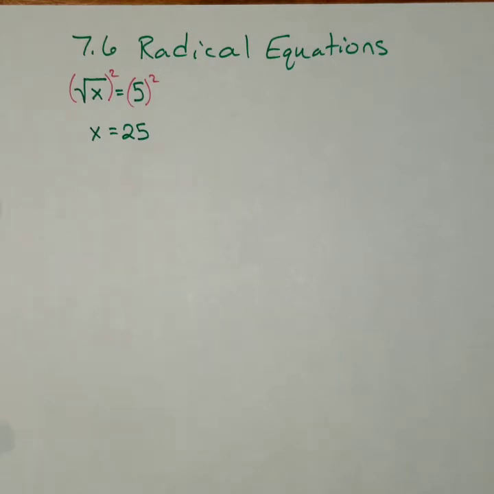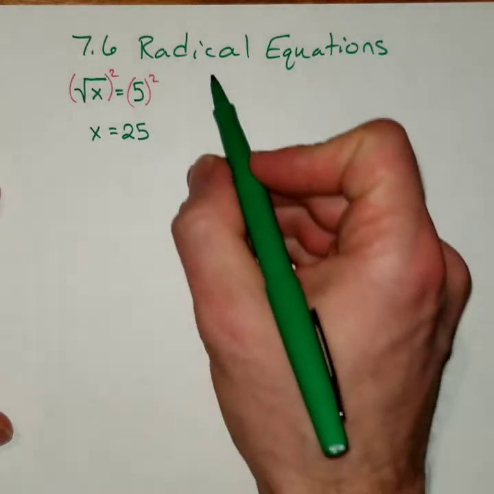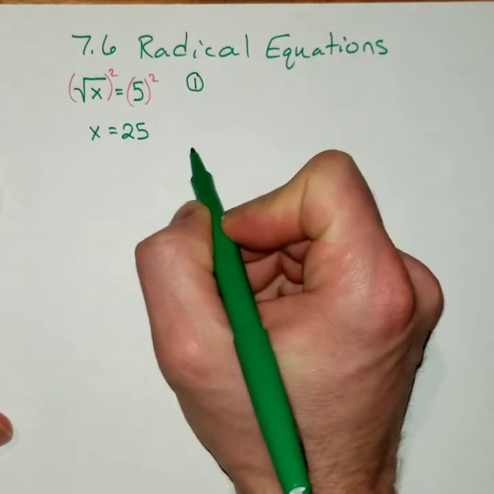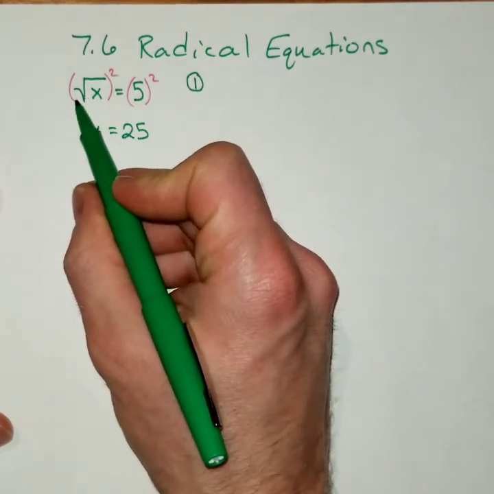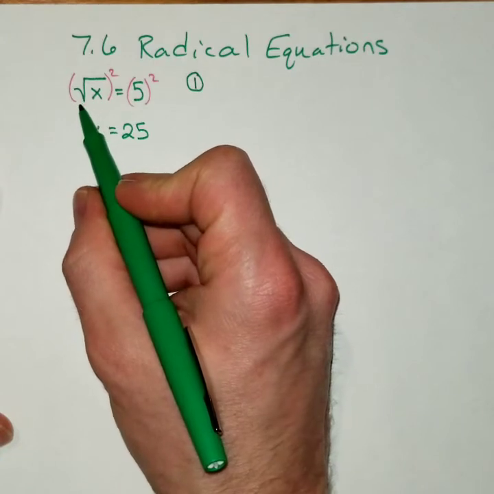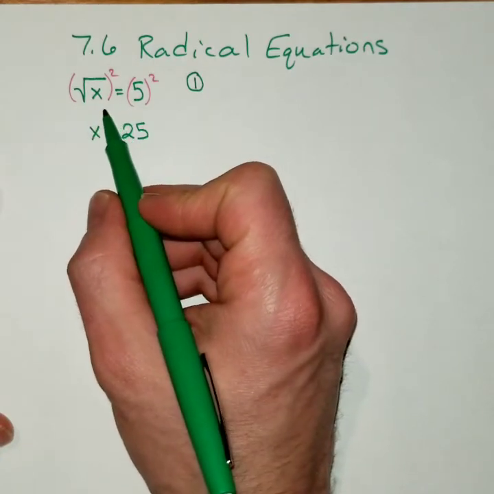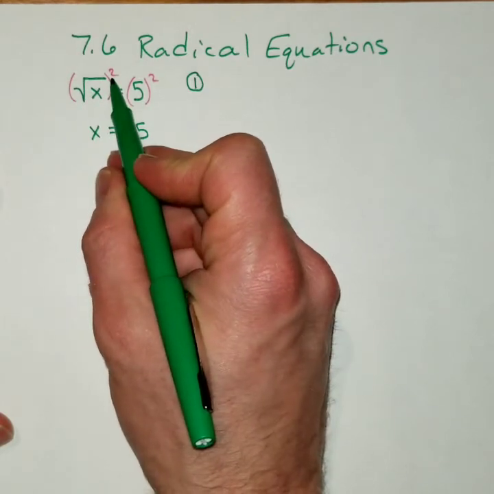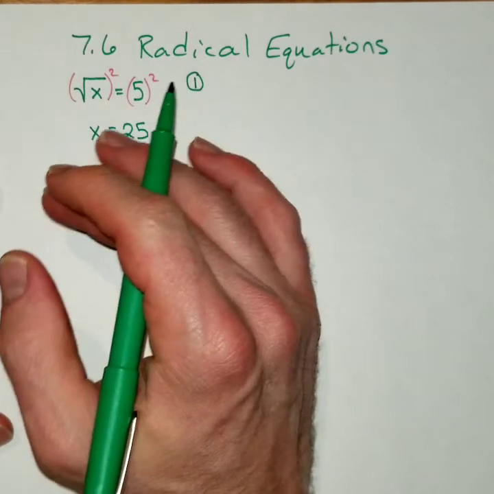the main idea is this. There's several steps, and I want to break down the steps for you. So the first step is you need to get a root by itself. There are some times where these equations have many terms, and if you don't get a root by itself, then when you square it, it won't disappear. It'll end up still in there.